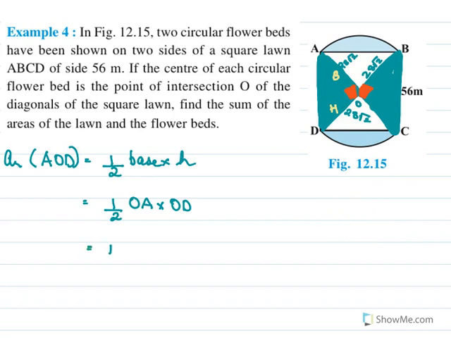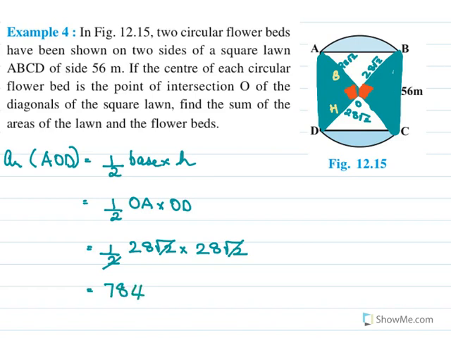Now to put the values, half, we saw OA 28 root 2, OD is also 28 root 2. So you cancel, root 2 times root 2 is 2, so it will be 28 into 28, and this is 784.